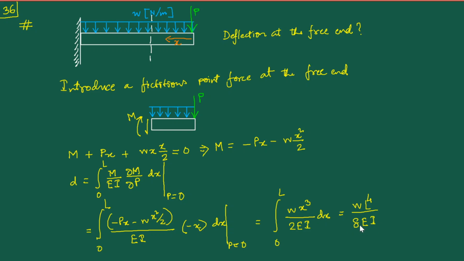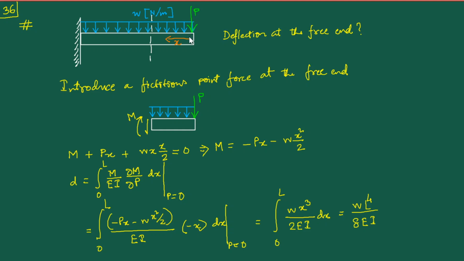That's it. Exactly following the method which we had been using earlier, but only utilizing this fictitious point force, we have managed to find out the deflection, even though there was no point force to begin with.